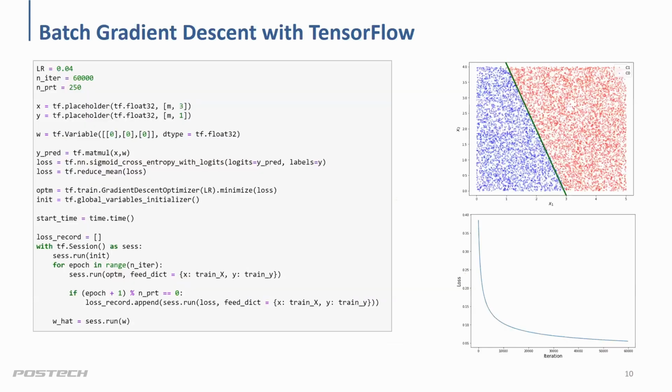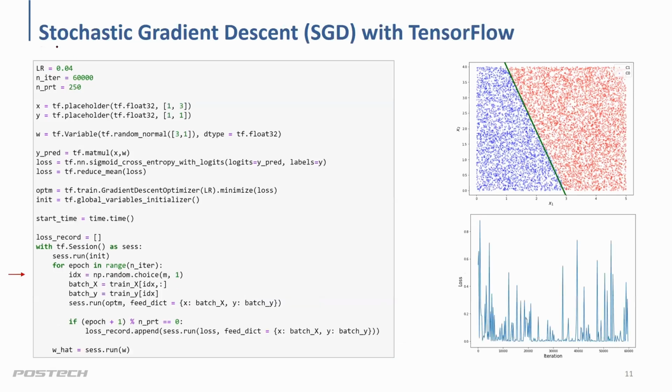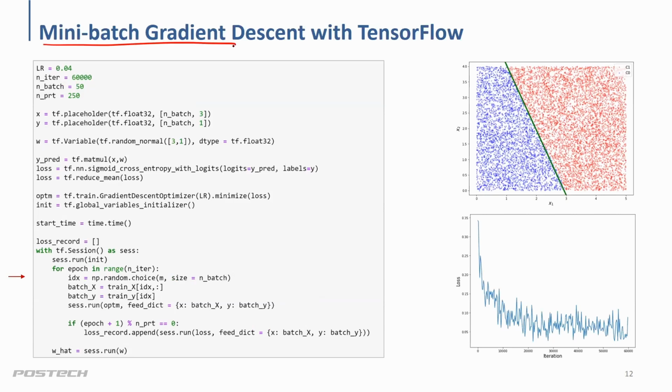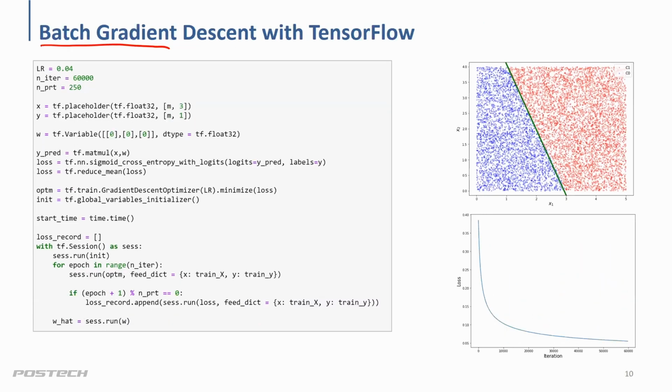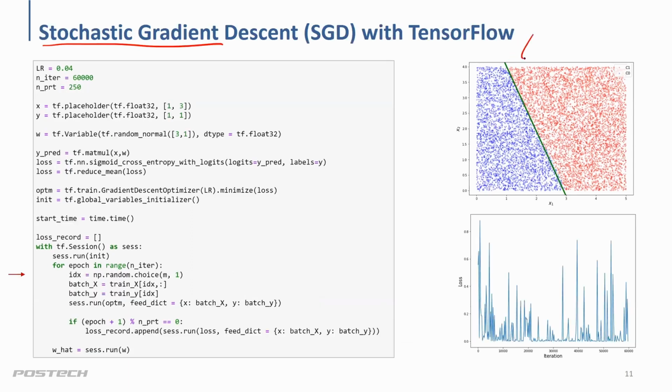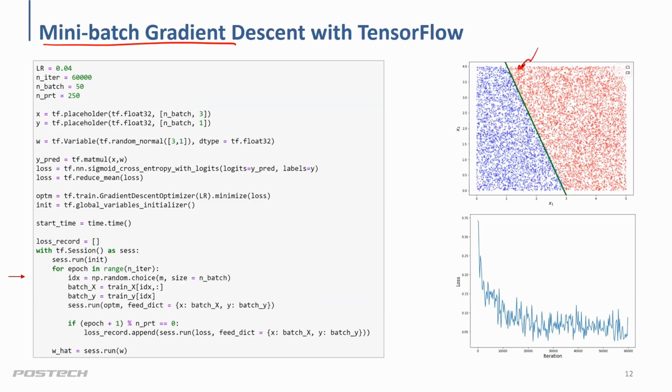Just look at the titles: batch, stochastic, and mini batch. Looking at this side first, before we see how we implement it: these three different methods give us pretty much the same linear classification boundaries.